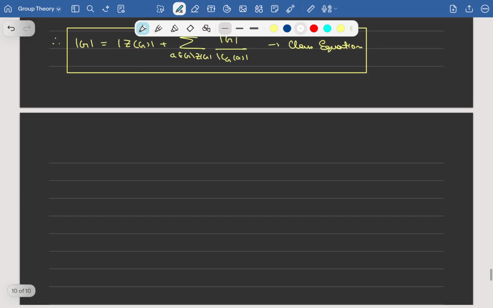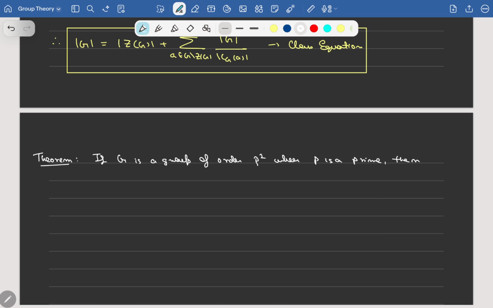Okay, so this is a theorem that if G is a group of order p squared, where p is a prime, then G is abelian.